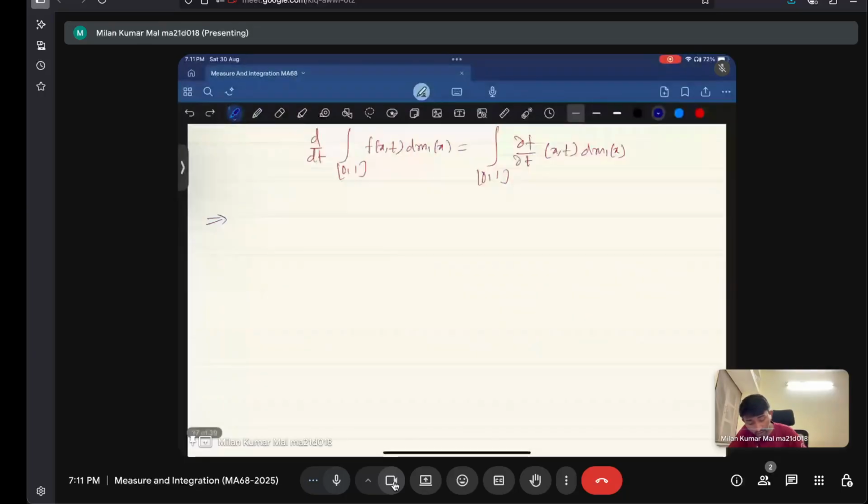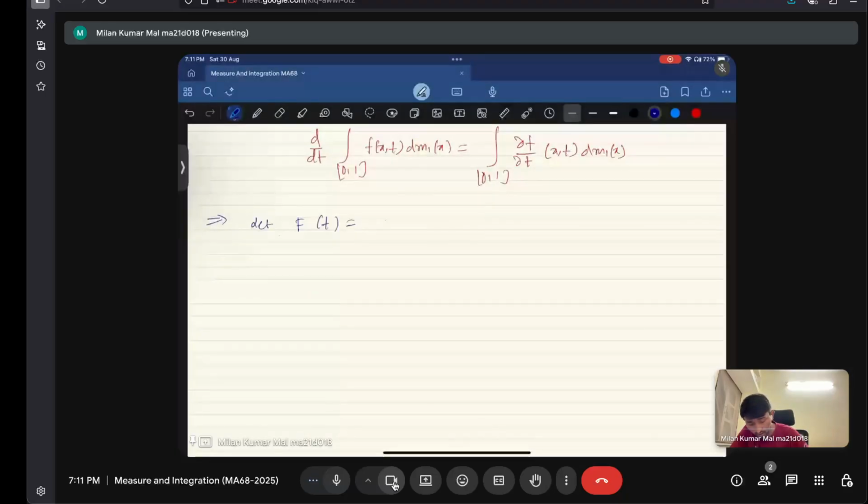Let F(t) be equal to the integral over [0,1] of f(x,t) dm1(x) for all t belongs to the closed interval [0,1]. Then d/dt F(t) means the limit as h tends to 0 of (F(t+h) − F(t))/h.